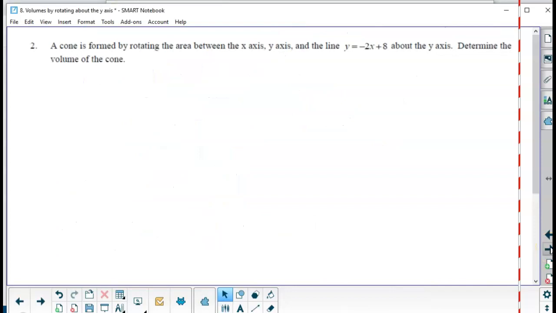Okay, now we get into some volumes. It says a cone is formed by rotating the area between the x-axis, y-axis, and the line y equals negative 2x plus 8 about the y-axis. So that gives you a hint that we need to integrate with respect to x. So let's do a little sketch here.